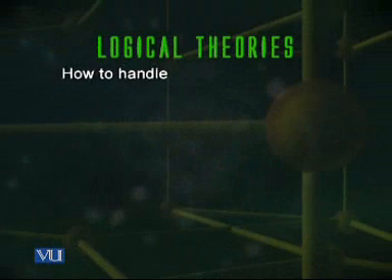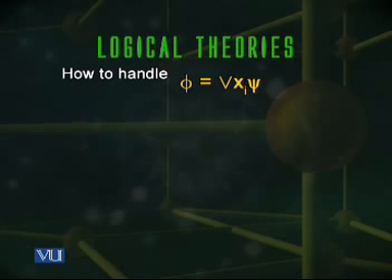Let's see how to handle universally quantified formulas. Let us start with the formula phi, which is equal to for all xi psi, where psi is a smaller formula. So the variable xi is a bounded variable and the quantifier associated with it is the universal quantifier.